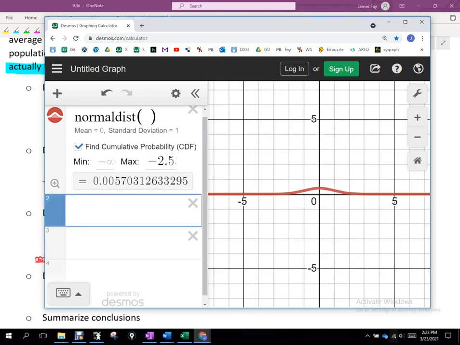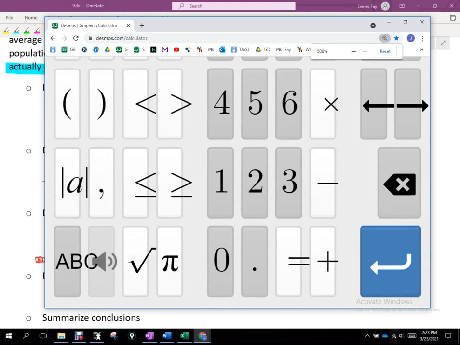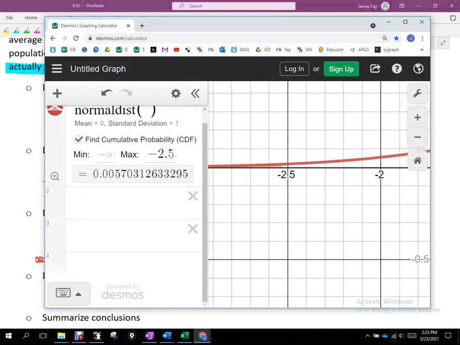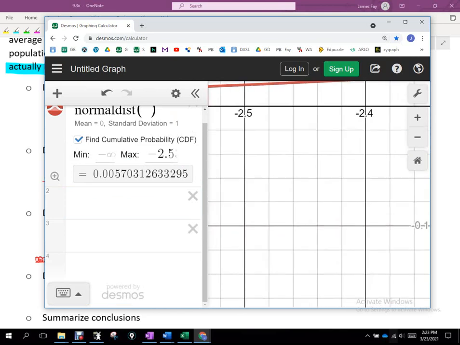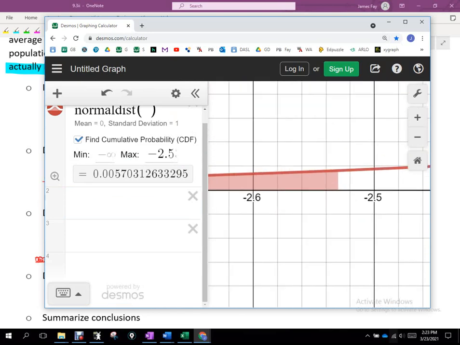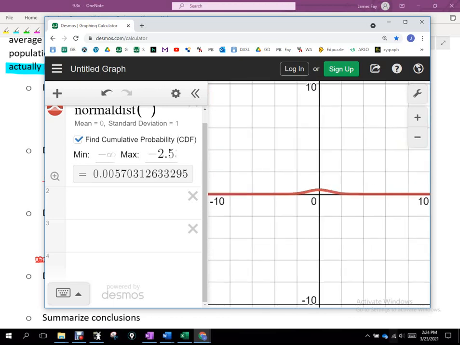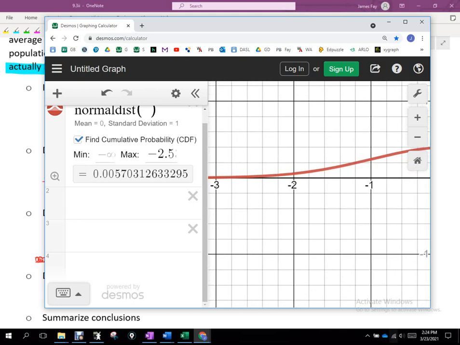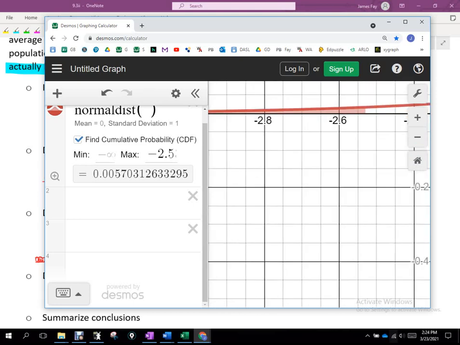If I zoom in on the graph here, whoa, you can see that it starts shading to the left. Okay, but if I'm zoomed out, obviously in that scale you can't see the shading, but it does exist there. So that's our p-value. Is that okay with everybody?